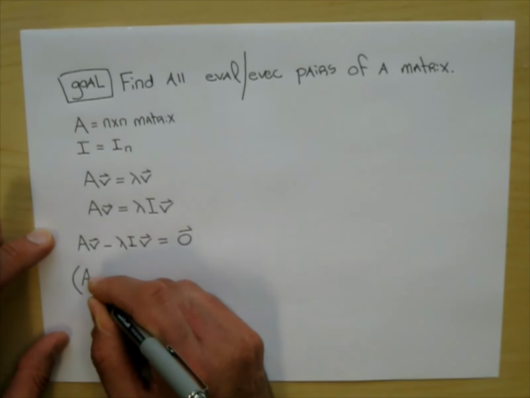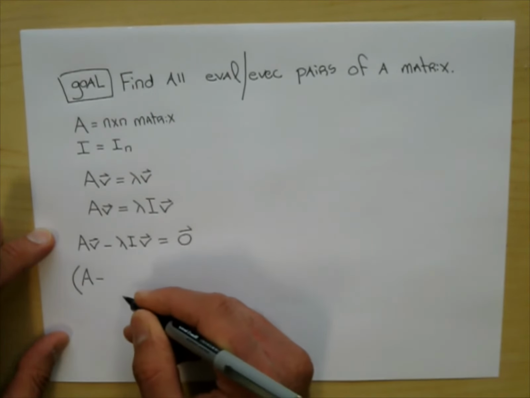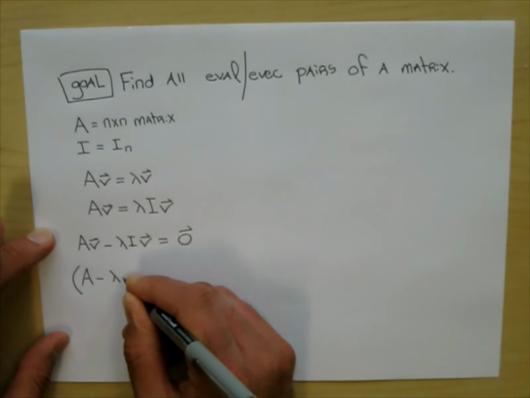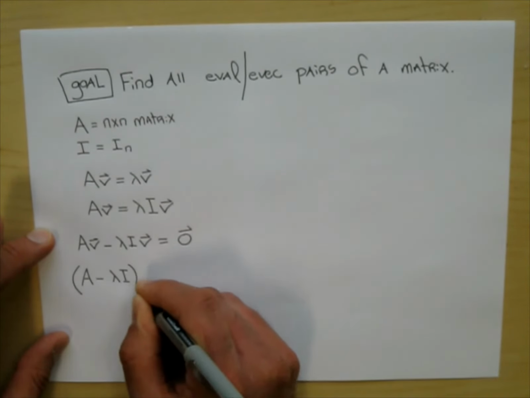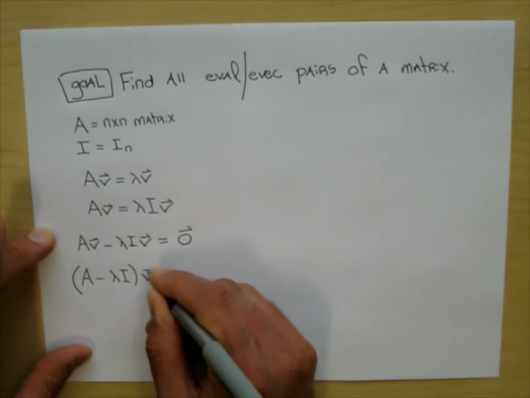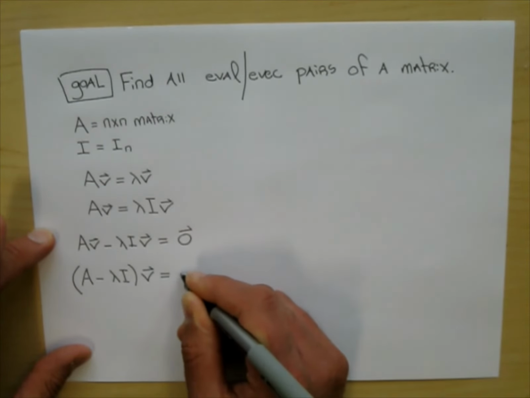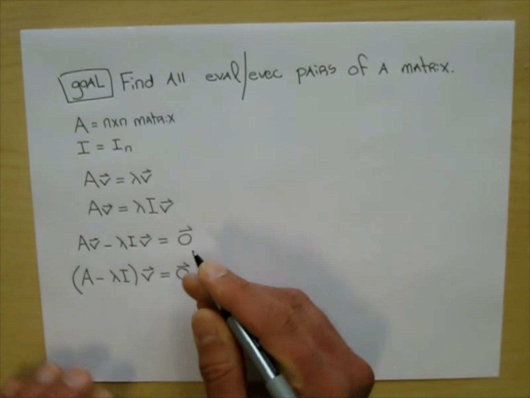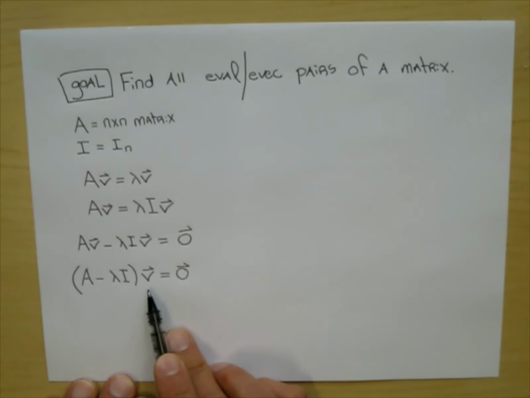So here's A minus lambda I times vector V equals the 0 vector. So I factored it out to the right-hand side.